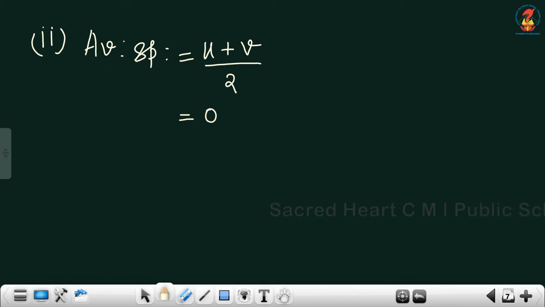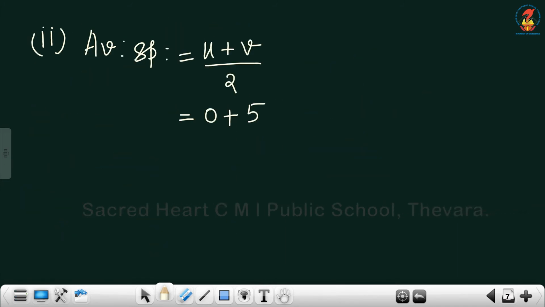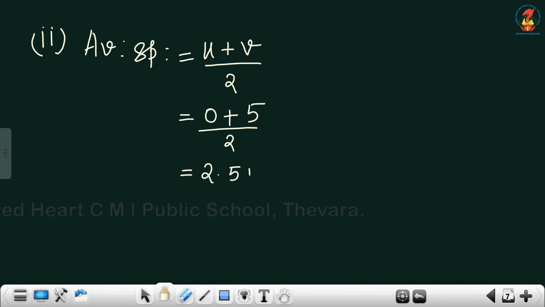And here u is 0, v we have already found as 5 meter per second, divided by 2. 5 by 2 is 2.5 meter per second. So, this is the average speed of the body.